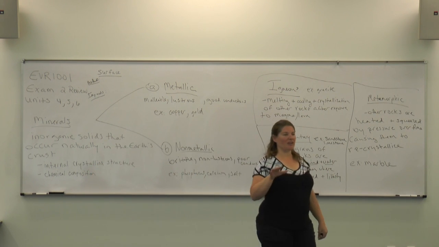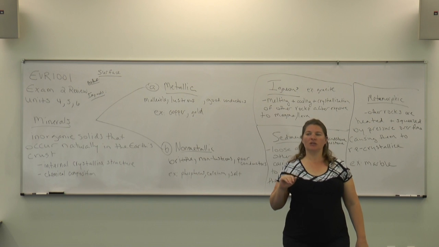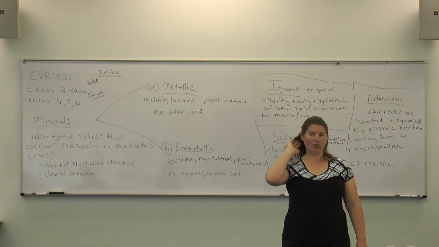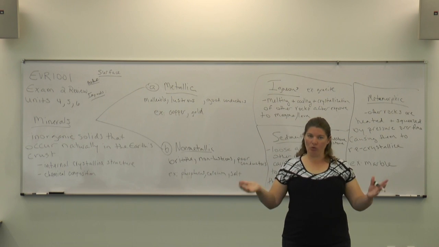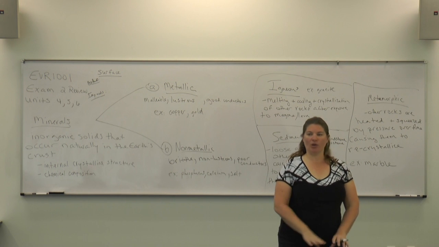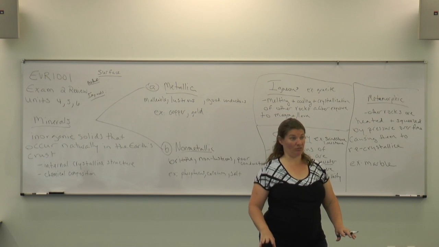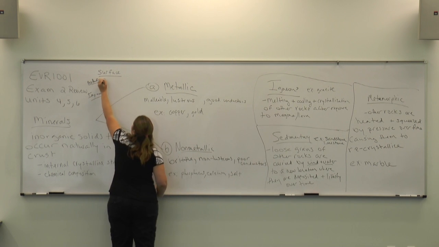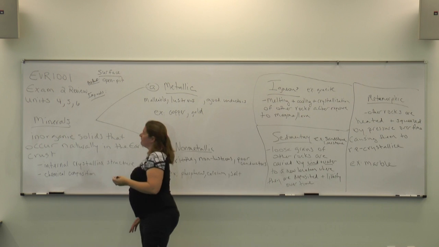What two kinds of mining occur at the surface? Any idea? One of them involves mountaintop removal, so basically blowing the top off a mountain, revealing an open pit beneath. Okay? So one of the methods of surface mining is open pit mining.